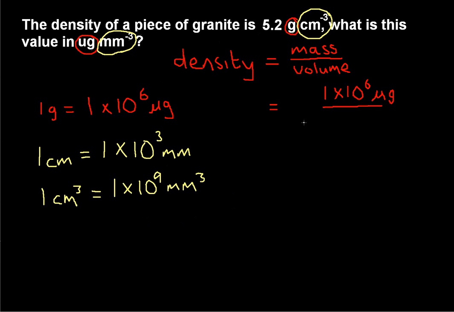What does that work out as? 5.2 times. Well, what's 1 times 10 to the 6 over 1 times 10 to the 9? Right, so we just take 9 away here, remembering our rules about powers, from the 6. So that ends up as 1 times 10 to the minus 3.